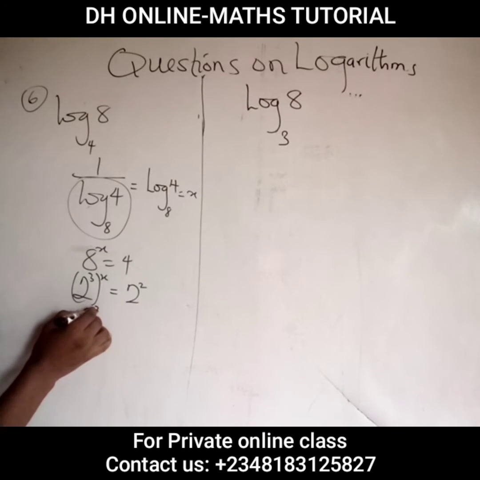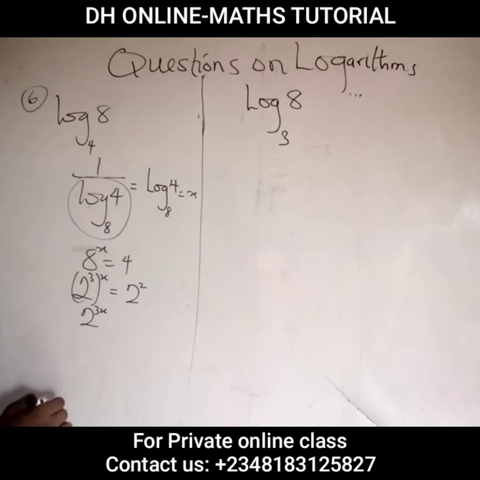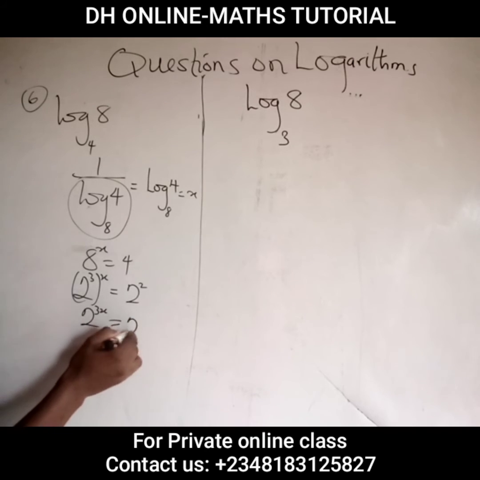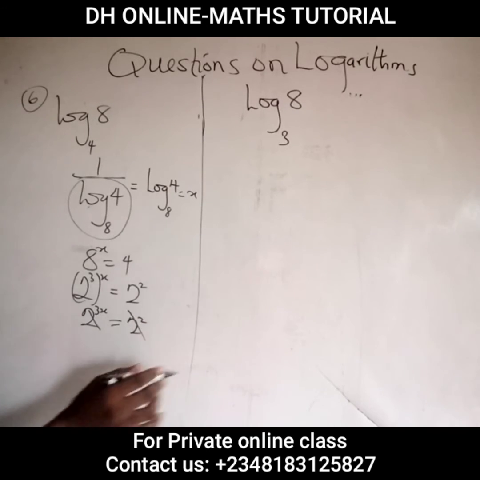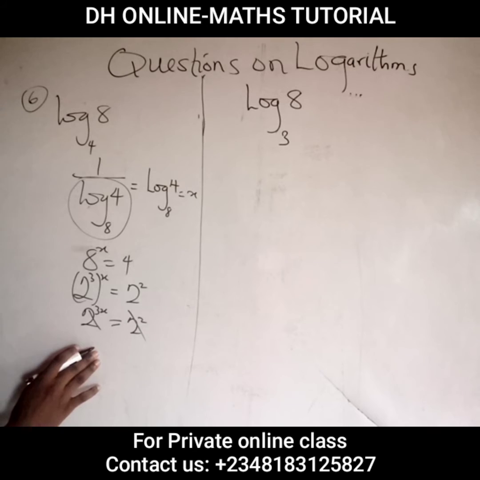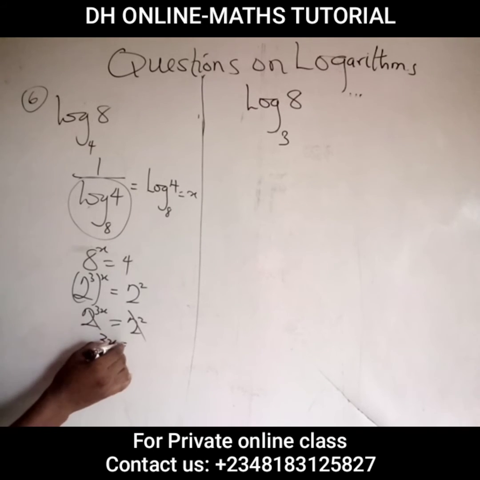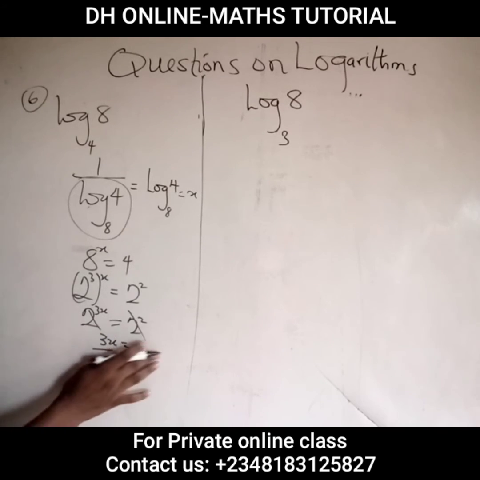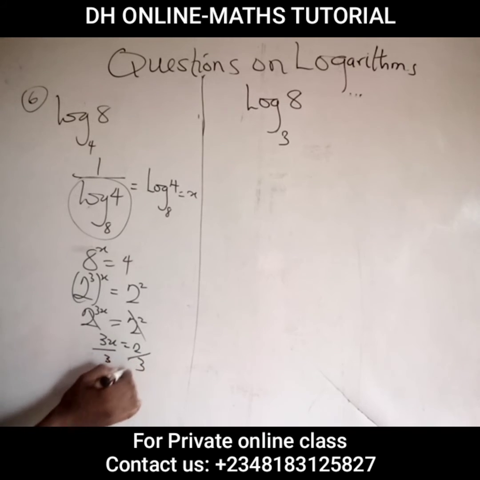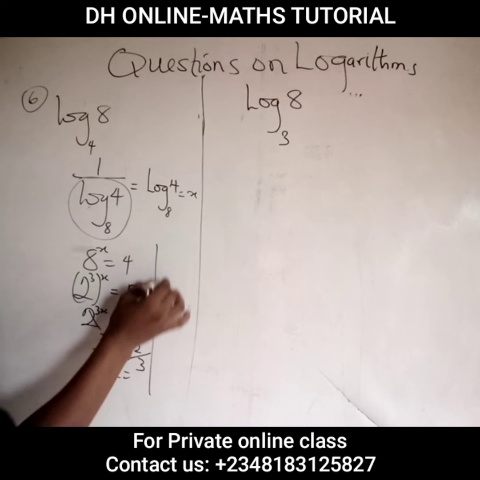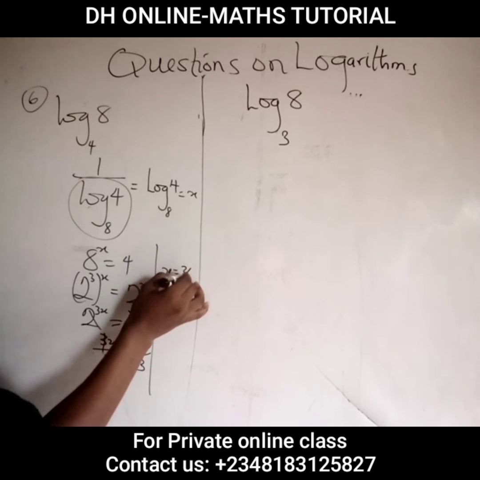So that's 2 to the power of 3x equal to 2 to the power of 2. By the time you do this, the bases are gone, so we're left with 3x equal to 2. Divide both sides by 3. So what is left now? You're having x. Your answer here is x equal to 2 over 3.